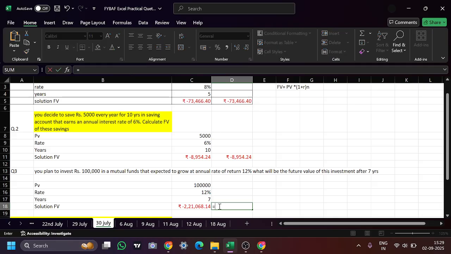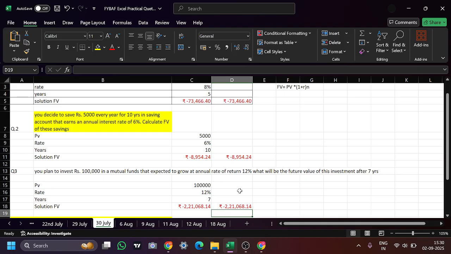Again we are going to use the same formula: is equal to future value in bracket, the rate is given, comma, number of years is given, comma, PMT as 0, nothing is mentioned about it, comma, 0, bracket complete. You will get the value as 2,21,068. So if we invest this 1 lakh today, after 7 years we will get 2,21,000 at a 12% rate of interest.